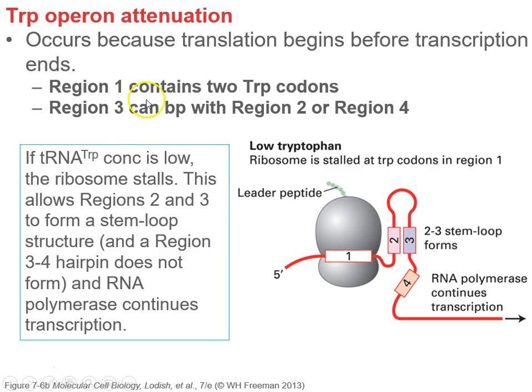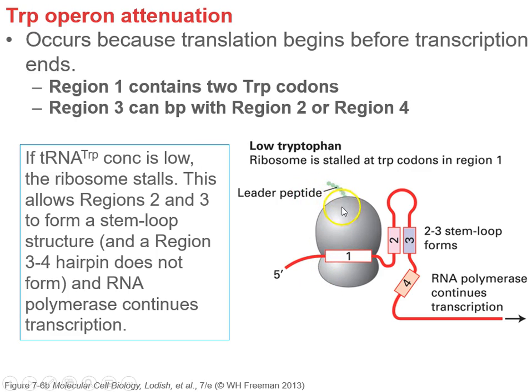But what happens if you don't have enough Trp? Remember, region 1 has those 2 Trp codons. So here you are, you've started to translate the messenger RNA, and you get to that first region, and you've got 2 Trp codons, and you don't have any tRNAs charged with tryptophan in order to continue the translation. So the ribosome is going to stall.